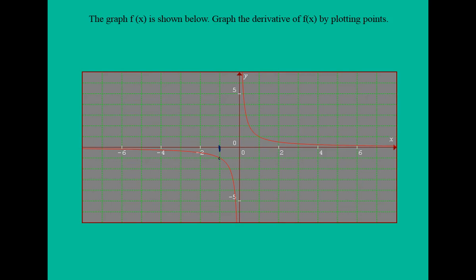So we would plot a point here. This would be a point on the derivative graph. So if we built the table of values, we would say f prime of x. So when x is -1, we found the slope of the tangent line to be -1.